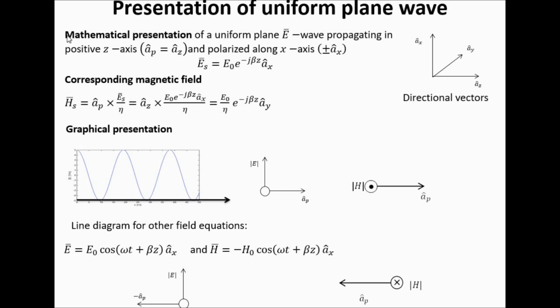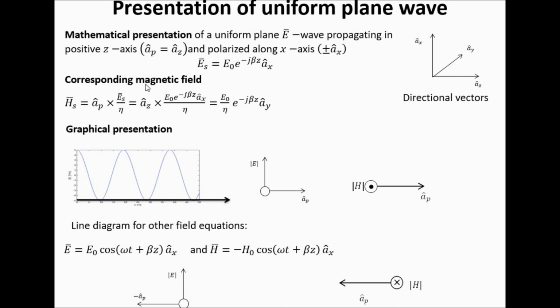Look at the mathematical expression of a uniform plane wave E propagating in the positive z-axis and polarized along the x-axis. Here is the amplitude, with the E field polarized in the x direction and propagating in the positive z direction.